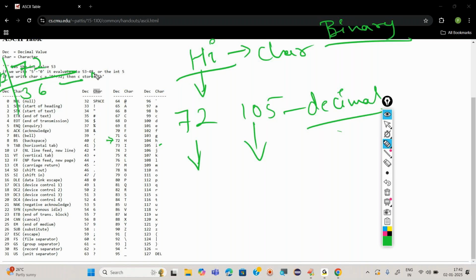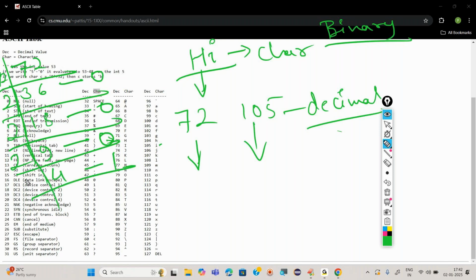The remainder would be 0 here. Similarly, 2 1s are 2 and 2 8s are 16. The remainder would be 0. Then 2 9s are 18, the remainder would be 0. Then again 2 4s are 8, the remainder would be 1. Then again 2 2s are 4, this would be 0. And then again 2 1s are 2, the remainder would be 0.